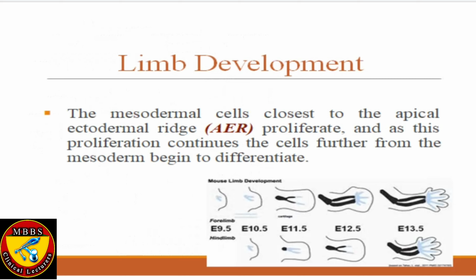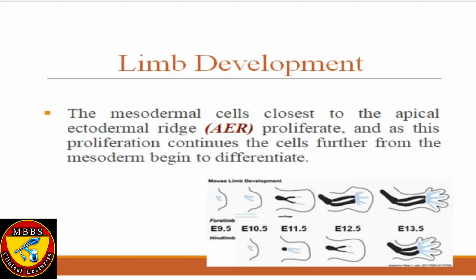The mesodermal cells closest to the apical ectodermal ridge proliferate, and as this proliferation continues, the cells further from the mesoderm begin to differentiate. As I told you earlier, there's a formation of the mesenchyme.